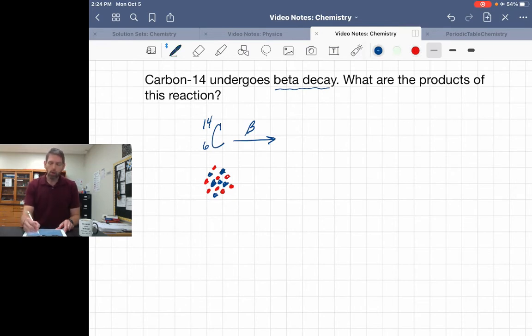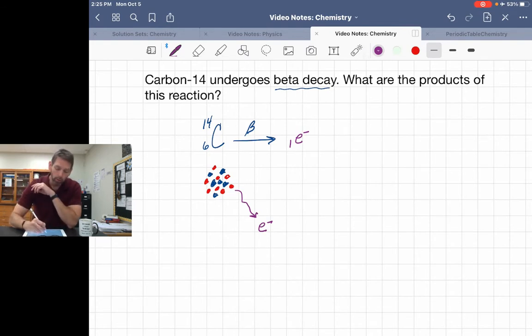So now we use a different color here. If one of those neutrons, and we said the red here are the neutrons, if a neutron breaks apart and emits an electron out of the nucleus, then that is a product that is produced. So we can come over here and put electron, and we know we have 1 electron, and we ignore the mass of electrons when we're talking about the mass of a nucleus.